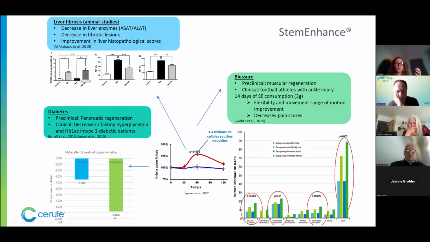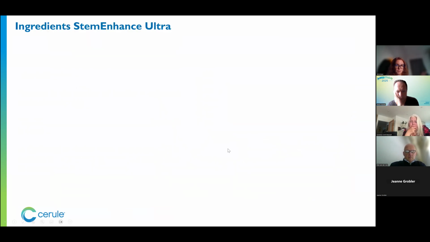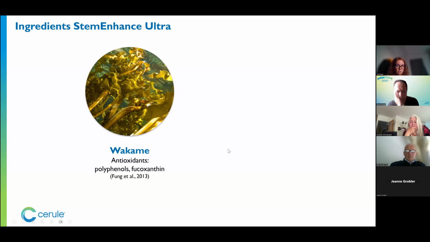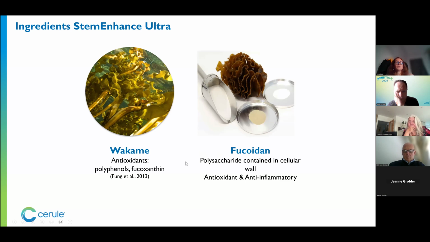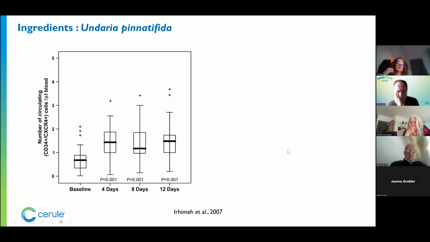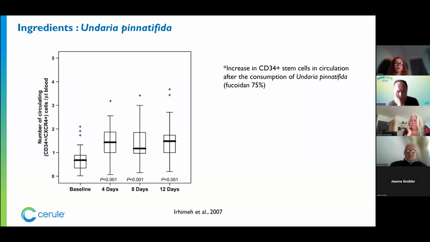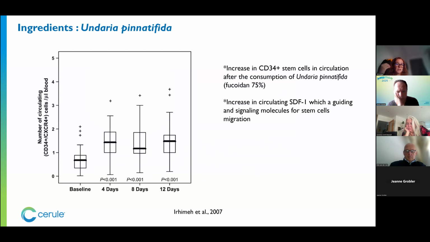What we know also with Stemness Ultra is that we have a second stem cell mobilizer from wakame, Undaria pinnatifida. It's an extract that is standardized to 85% fucoidan, with antioxidant and anti-inflammatory action. And this extract of wakame will progressively increase the number of stem cells after 4, 8, and 12 days.